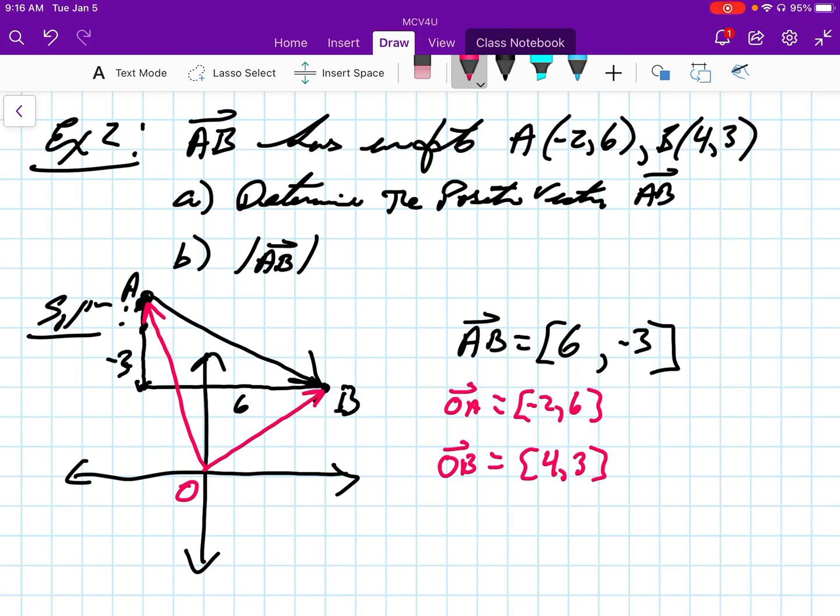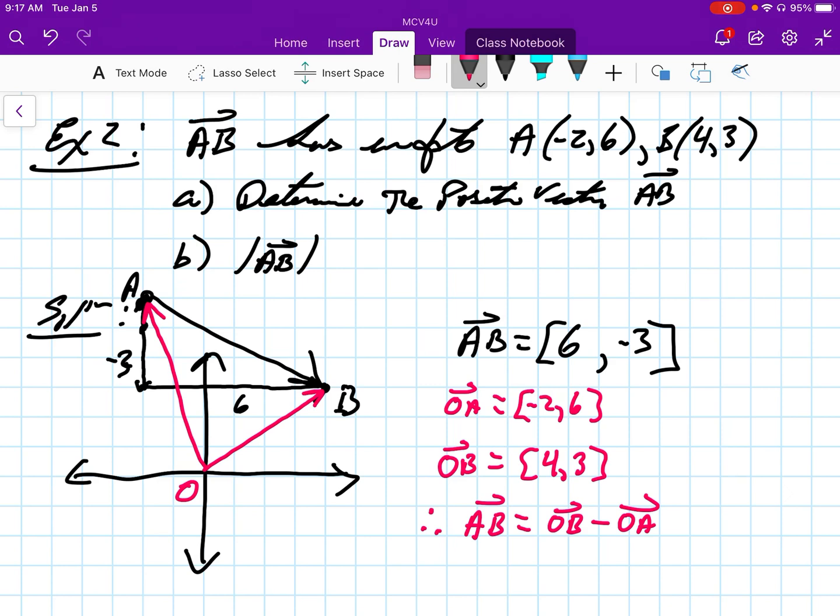We're traveling from the head of the second to the head of the first. The second is OA. So we can say here that our vector AB is OB minus OA, from the head of the second to the head of the first.